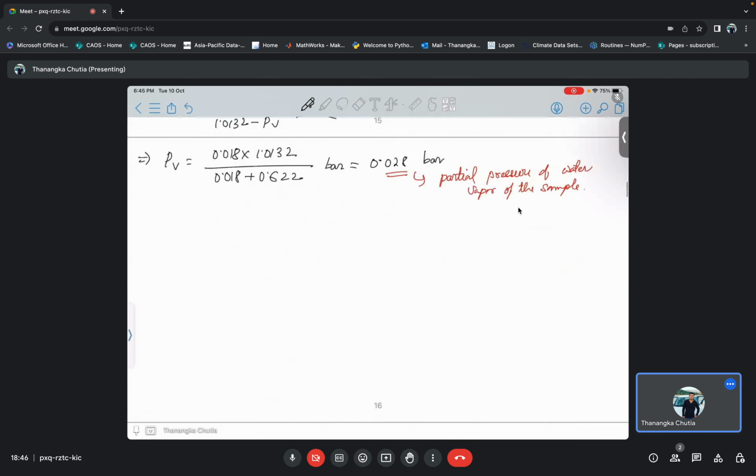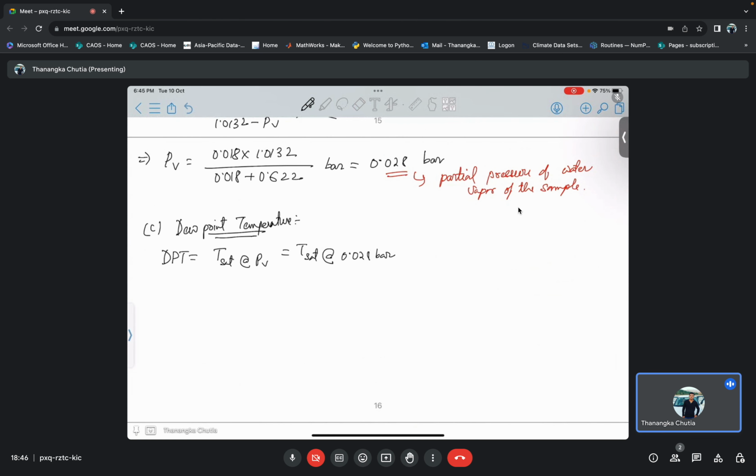Yes or no? The dew point temperature is nothing but T saturation at the partial pressure of water vapor, that is T saturation at 0.028 bar.